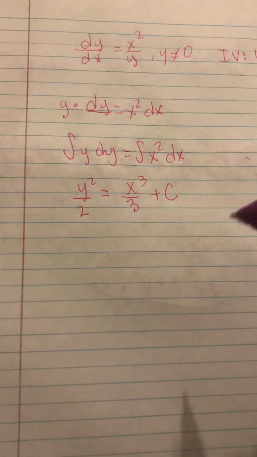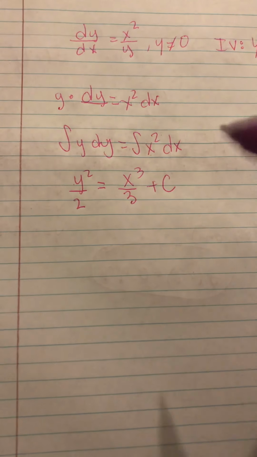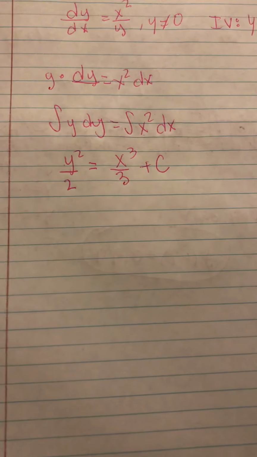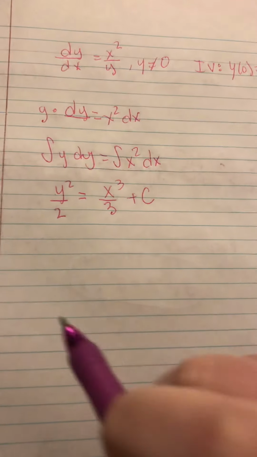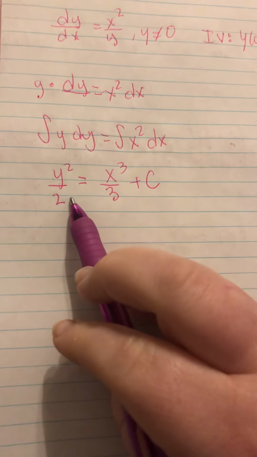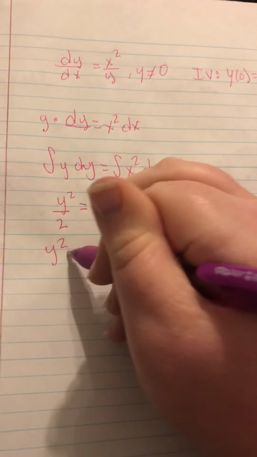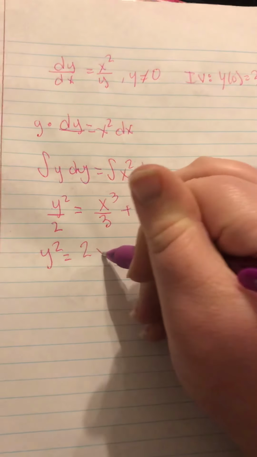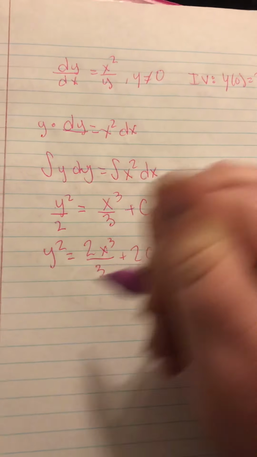So now that we've done this, we need to separate. So what we're going to do is multiply by 2 on both sides, and get y squared equals 2x cubed over 3 plus 2c.